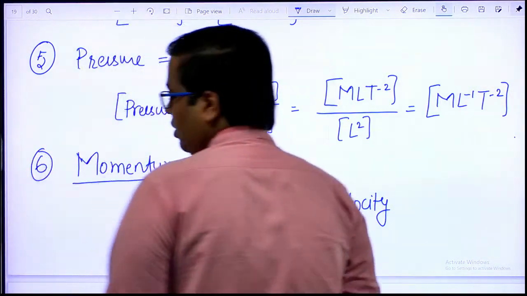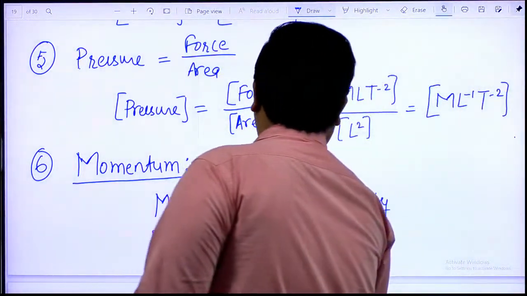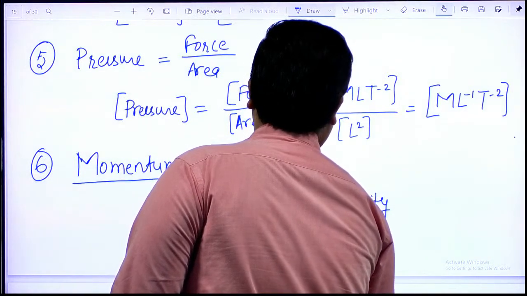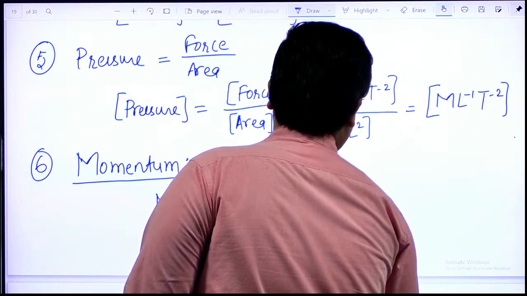Dimension of momentum is equal to dimension of mass, which is M, times dimension of velocity, which is L T to the power minus 1.